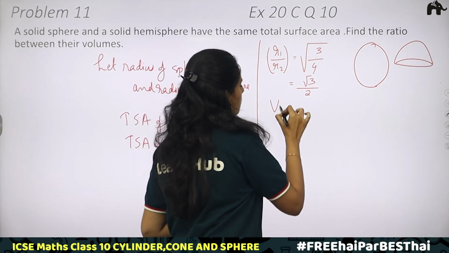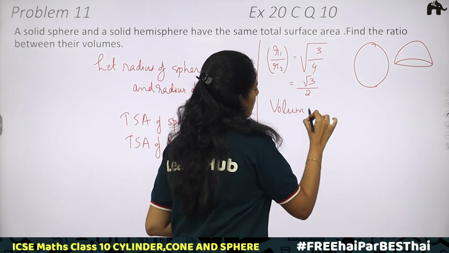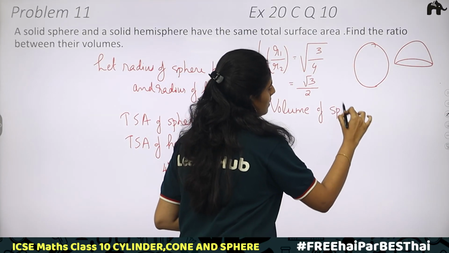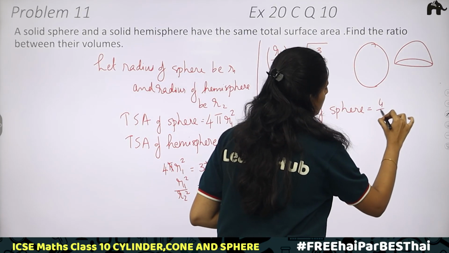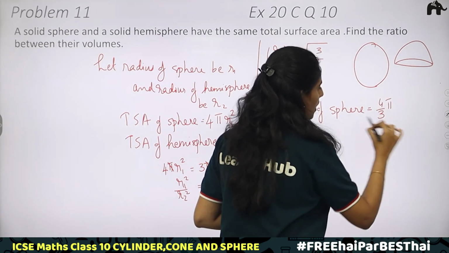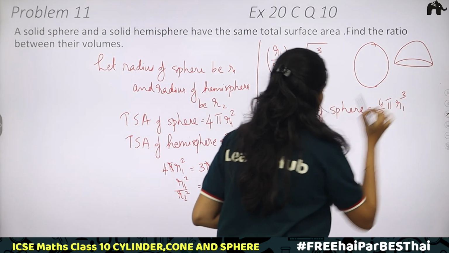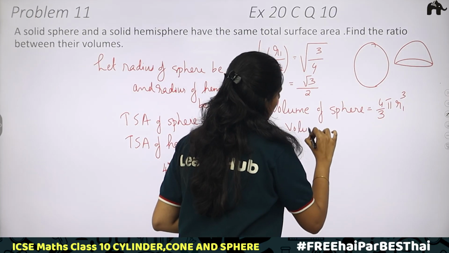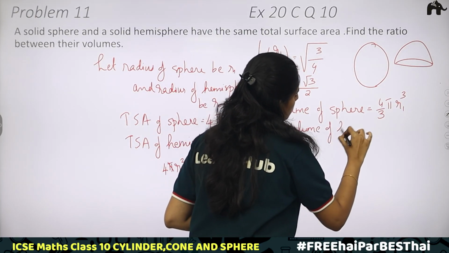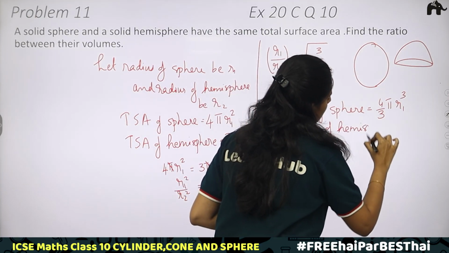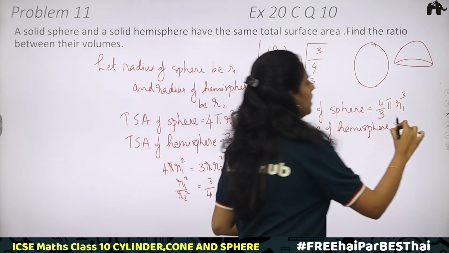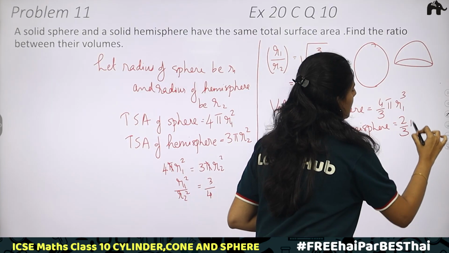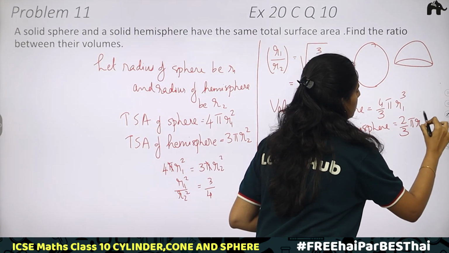Now how to find the volume of sphere? What is the formula? Volume of sphere is equal to 4 by 3 pi r cube. So here R1 cube. What about the volume of hemisphere? What is the formula? Volume of hemisphere is equal to 2 by 3 pi R2 cube.